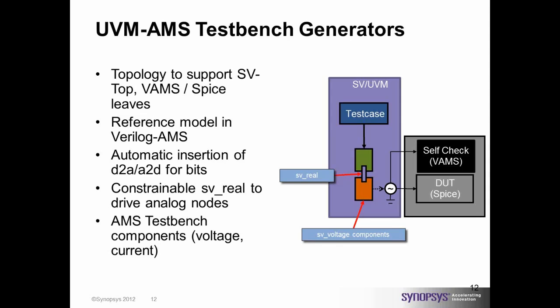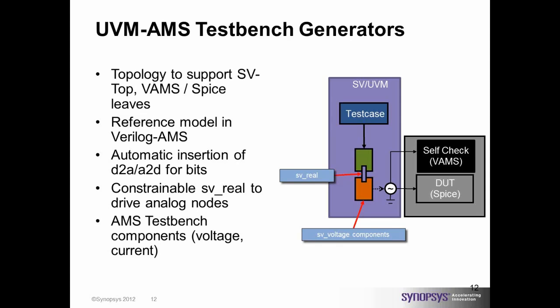As I talked about a little bit earlier, and I would like to reiterate here, the transaction layer of SV real or SV-AMS real tries to model a system where you can put constraints on a real number, right? Which is actually mapping them to integers, putting constraints on it, and then being able to drive that value onto the particular node of the electrical device, or the spice DUT here, right?